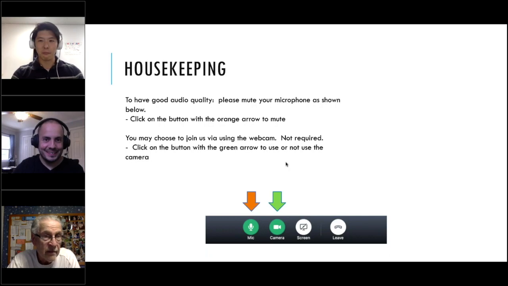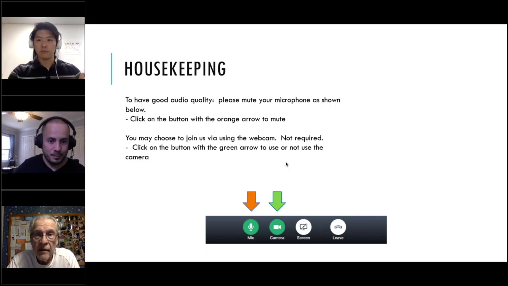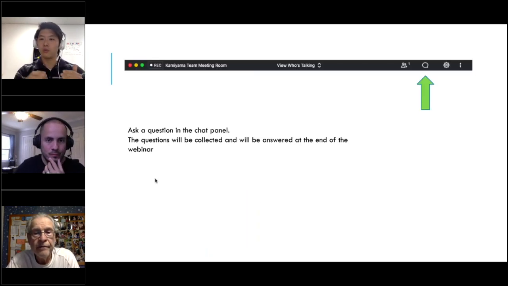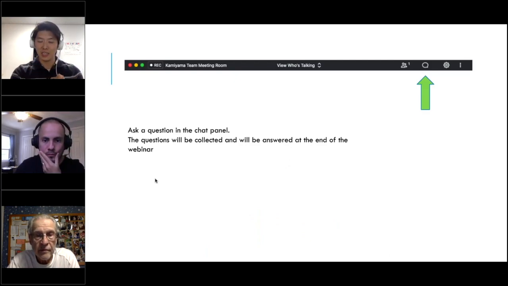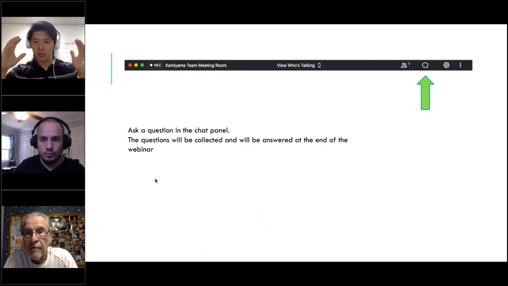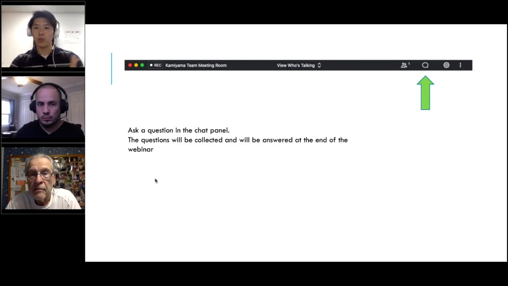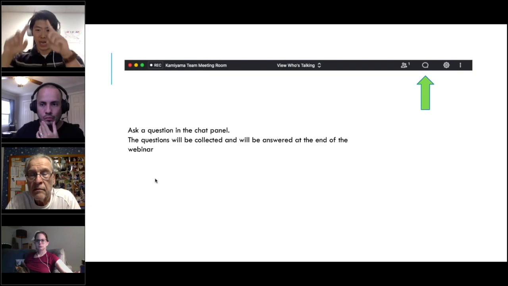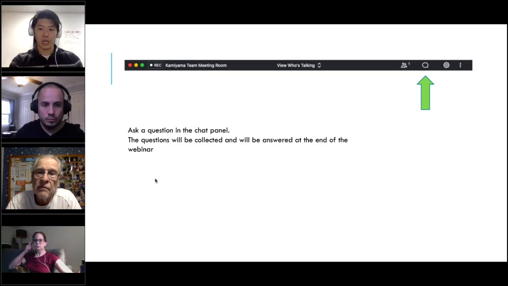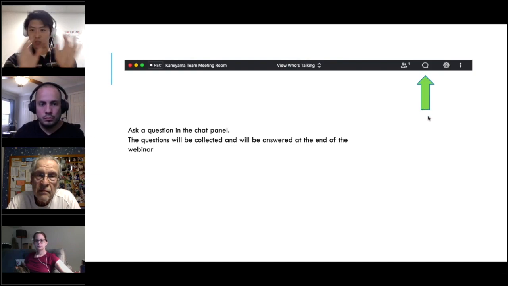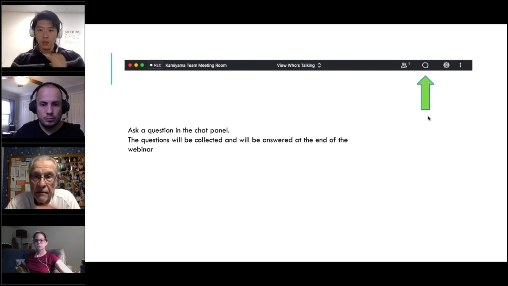We've got a good amount today. Also, there is a chat icon. This might not be the perfect representation of what you are currently seeing on your screen, but if you go to the right-hand side, or where the icons are, there should be a chat icon. If you click on it, you'll be able to type anything into the chat.